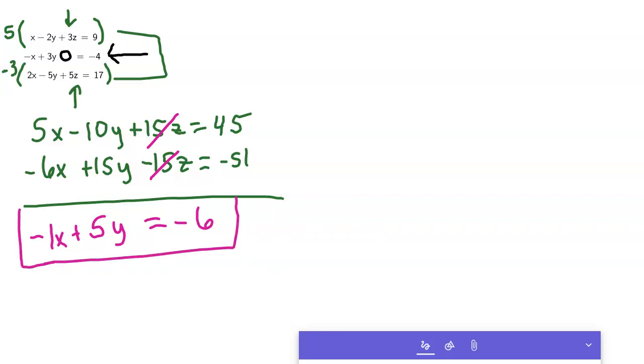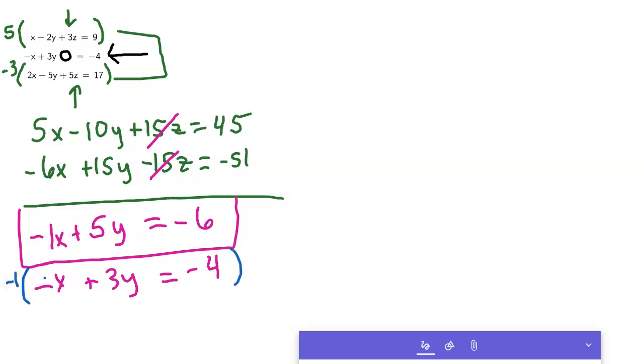And so what's kind of cool is we can bring down that other equation, which was negative x plus 3y equals negative 4. And we want to eliminate a variable here. And so in this case, probably what would be easier would be to eliminate the x. So I'm just going to multiply this bottom equation by a negative 1.